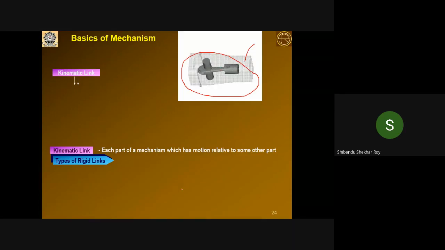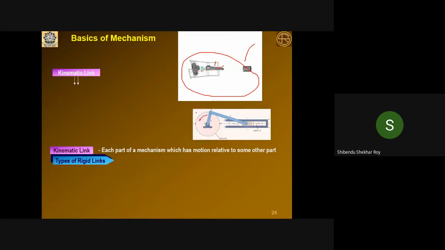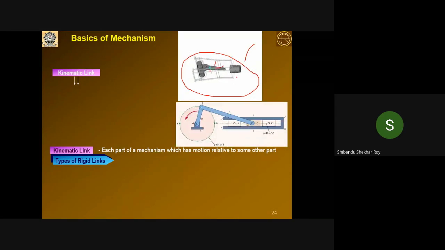For example, here, this part has relative motion with this one, so these two are separate links. This is the slider crank mechanism I have shown here.